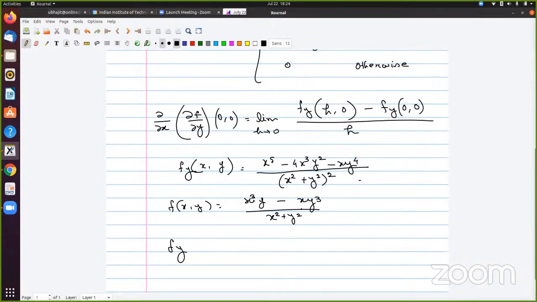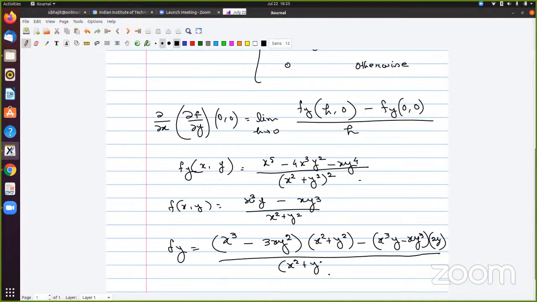So this is the quotient function. So what we'll get is (x cube minus 3xy square) into (x square plus y square), minus this remains as it is and this is basically 2y, by (x square plus y square).